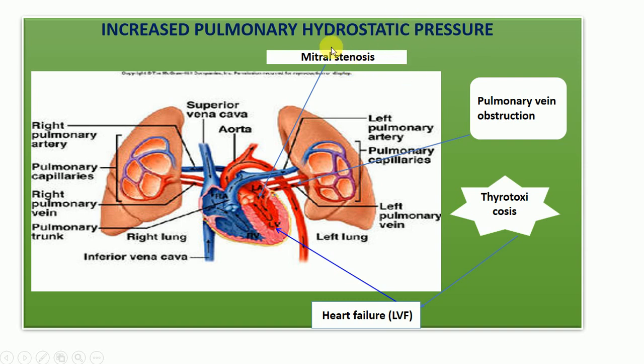Let's first define what hydrostatic pressure is. The term hydro means fluid, and static means something that is not moving. It means the fluid that is at rest. So hydrostatic pressure is the pressure that is built up by the fluid. In the case of pulmonary hydrostatic pressure, this is the pressure generated by the fluid, which is blood, within the pulmonary vessels.